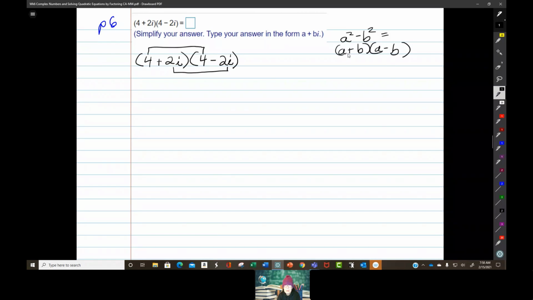These are called conjugates. You have conjugates when the first terms are exactly the same and the second terms are exactly the same, but the signs in the middle are opposite.